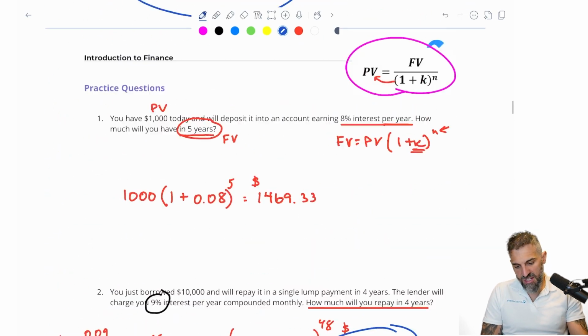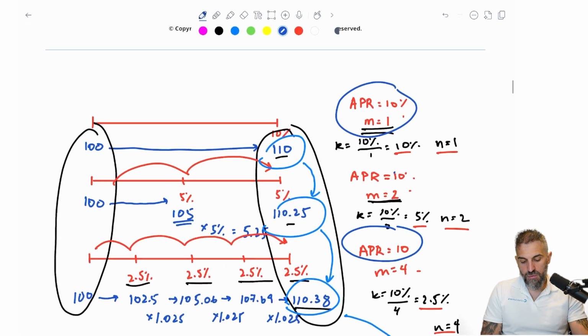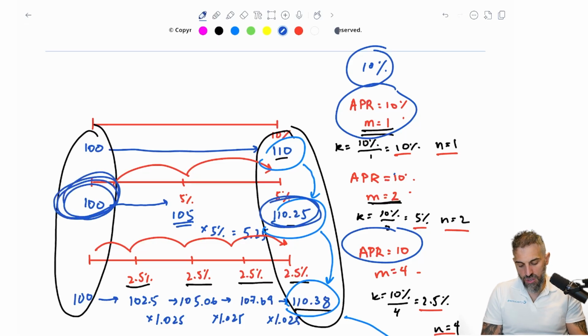So if I go back to that example, sorry for flipping back and forth like this, here, the true rate was 10%. But here, the true rate was 10.25. If you compare where I started to where I finished, I actually made, in 1 year, 10.25%.